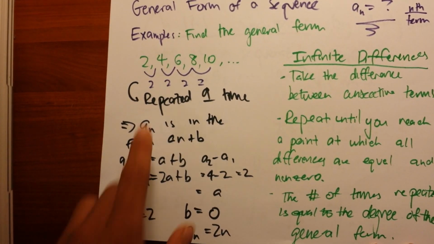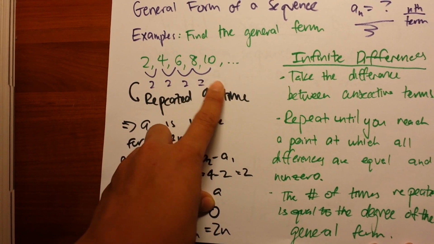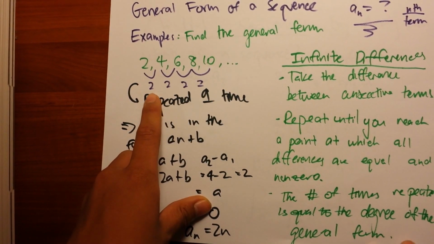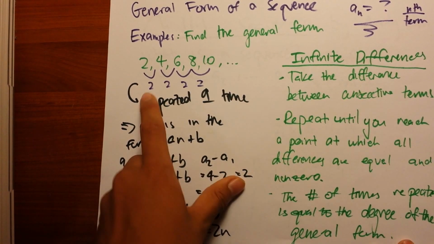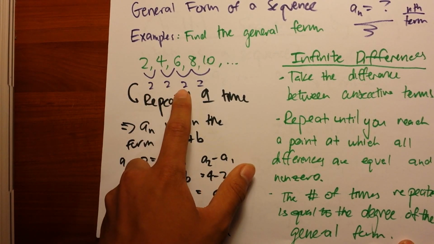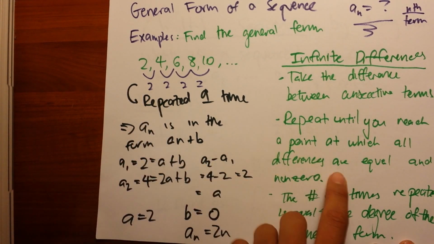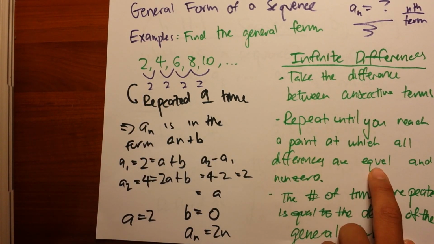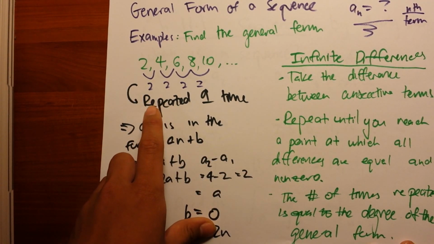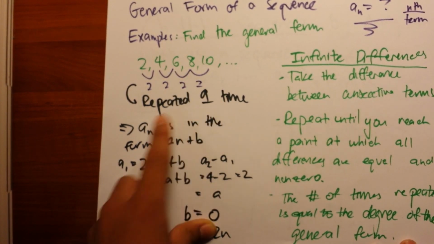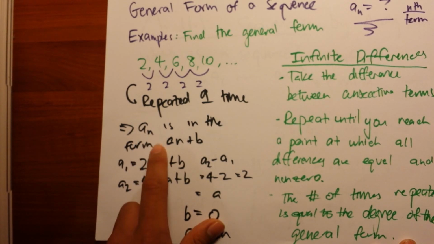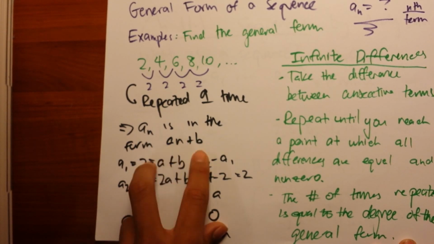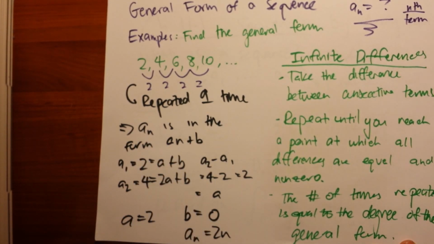This can be kind of confusing said in words, so I'll show an example. We start with 2, 4, 6, 8, 10, a very basic sequence. We first take the difference between consecutive terms, and we see the differences are 2, 2, 2, 2, all the same, which satisfies the condition that differences are equal and non-zero. Because we repeated this one time, we know that an is in the form an = an + b, where a and b are constants.